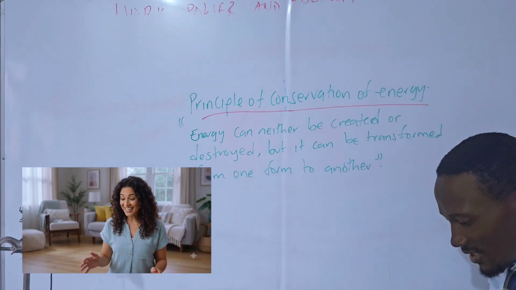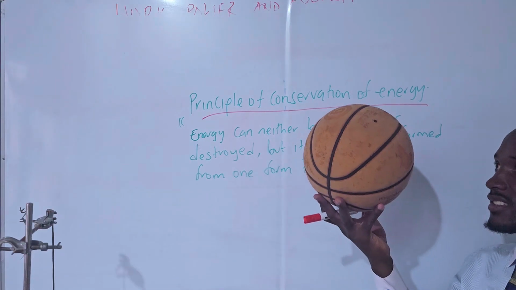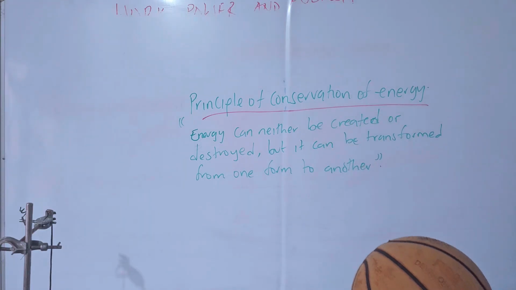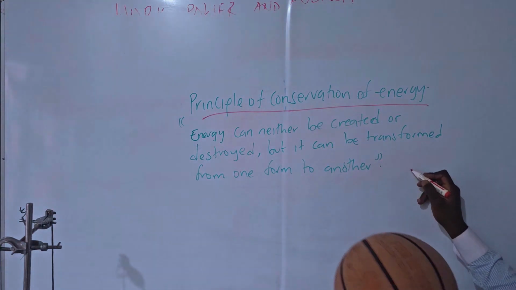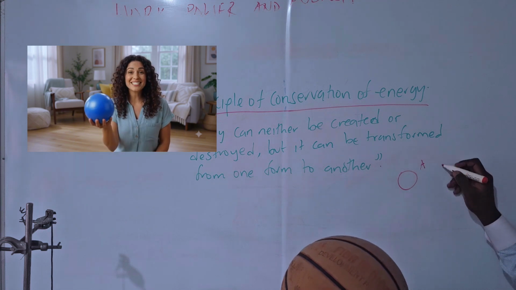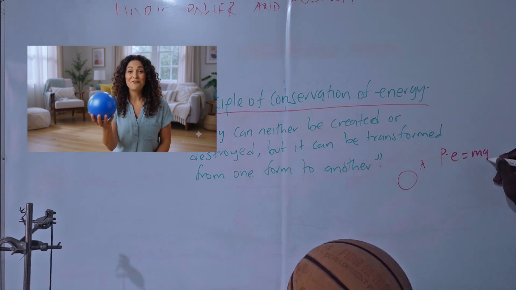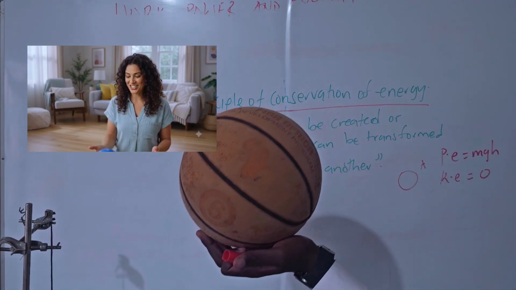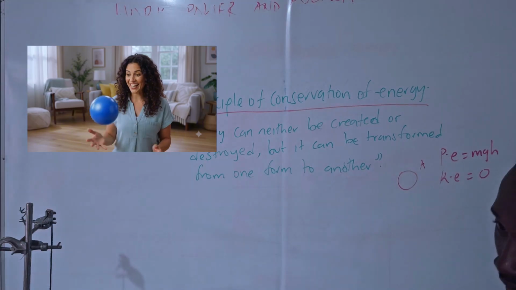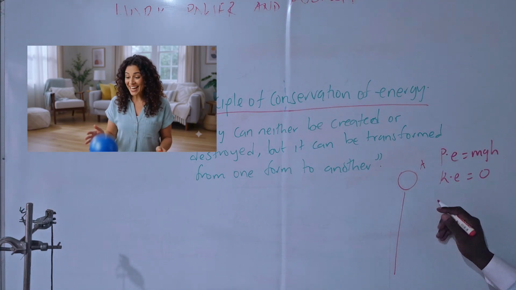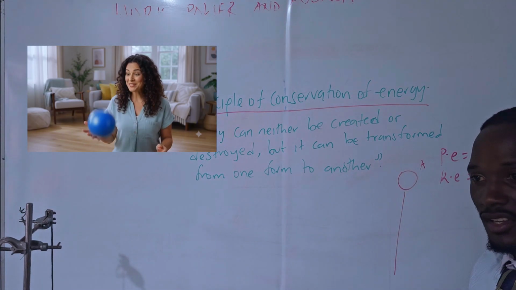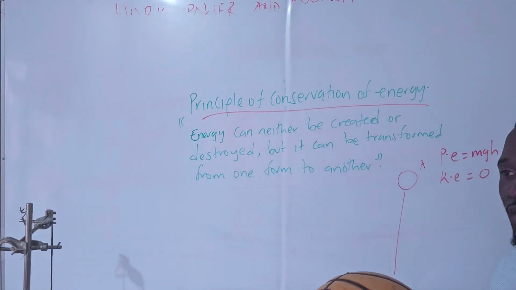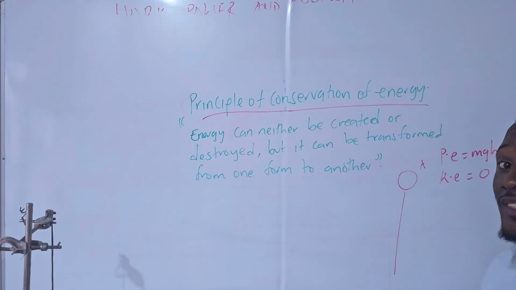But when I hold it here and I release it, at this point it is having maximum potential energy, but the kinetic energy is zero because it is not moving. So when I release it, it starts moving. As it moves, its height keeps on reducing. So its potential energy keeps on reducing, but its speed keeps on increasing.